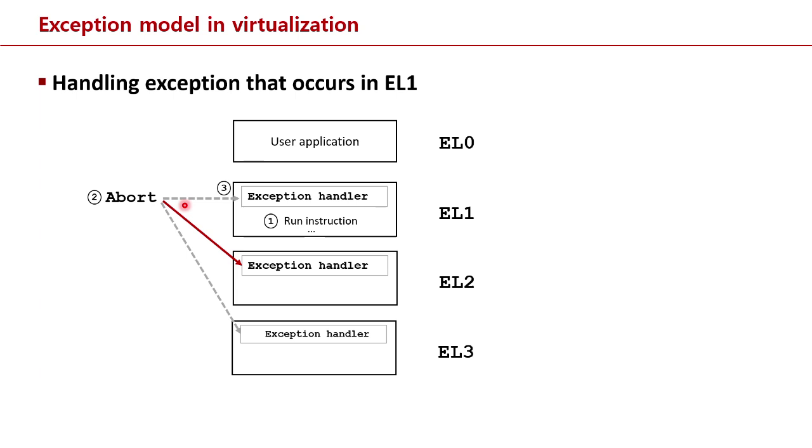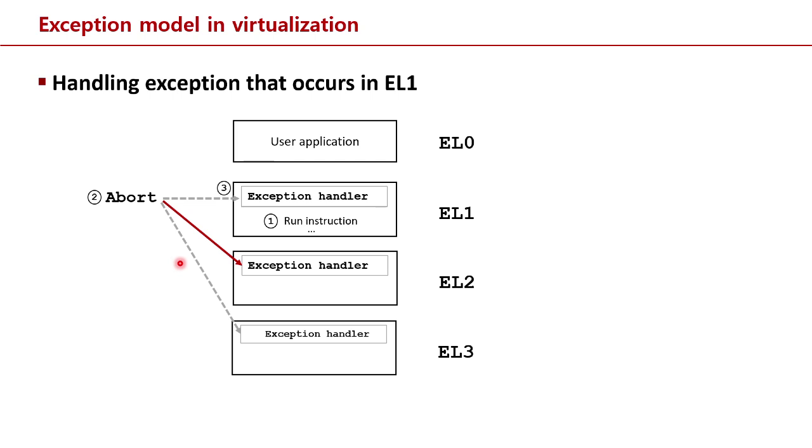In this case, control is taken to exception level 2 instead of exception level 1. That kind of operation is important whenever you think about the features of a hypervisor. In a particular case, control is transferred to exception level 3 instead of exception level 2 or exception level 1.